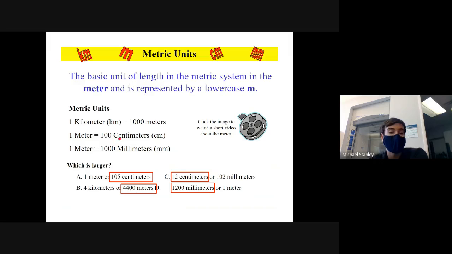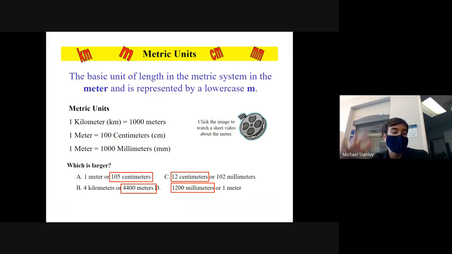There's 100 centimeters in a meter. There's 1,000 meters in a kilometer. All based on these nice big round numbers. So that is how scientists measure units of length or height using the metric system.